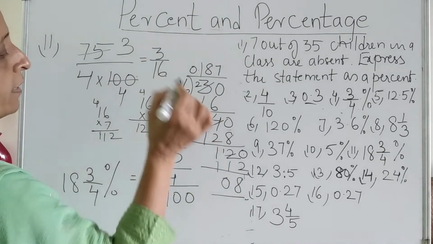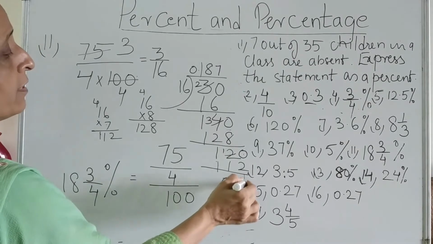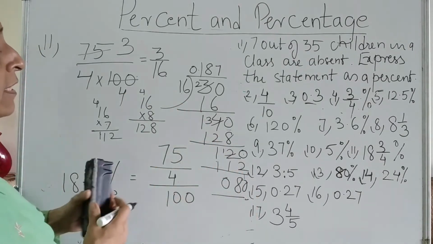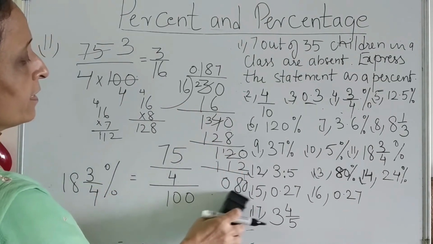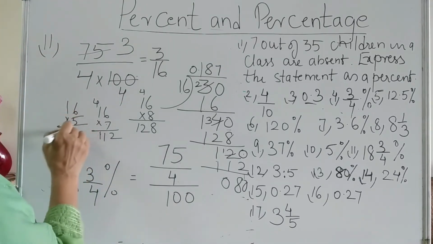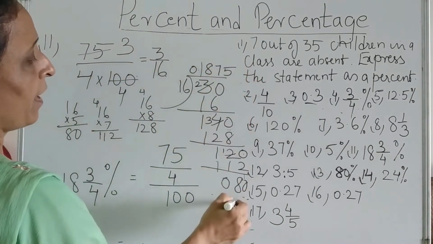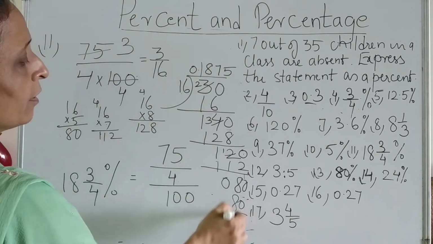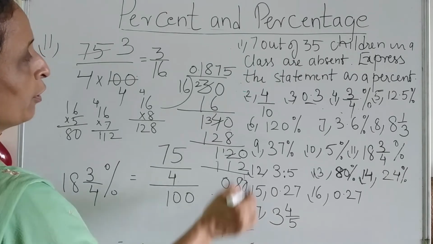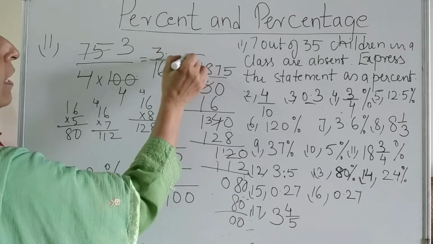So here it is 8. Now again you have to add 0. Now 16 5s are 80. So you write 5. Now the remainder here is 0. So what is the fraction of 3 by 16?